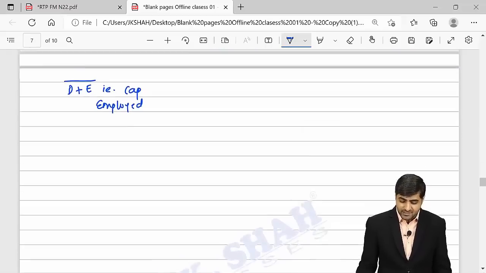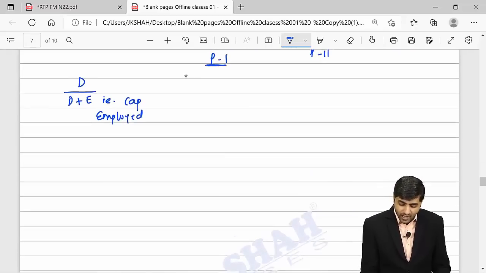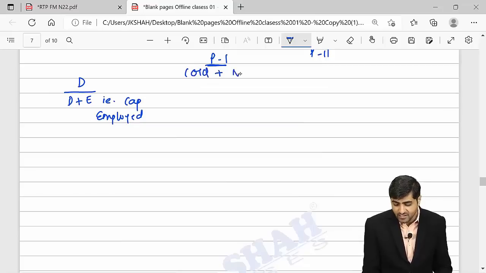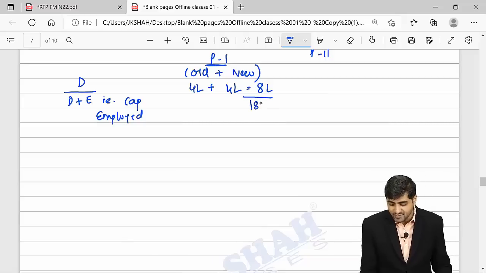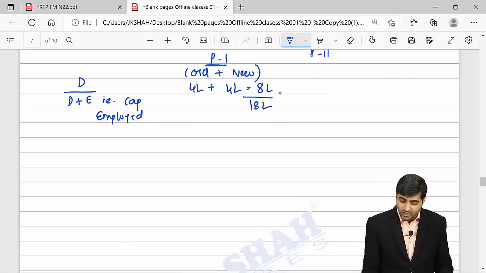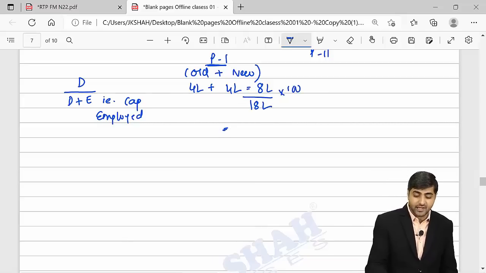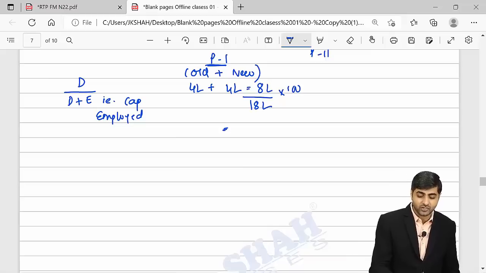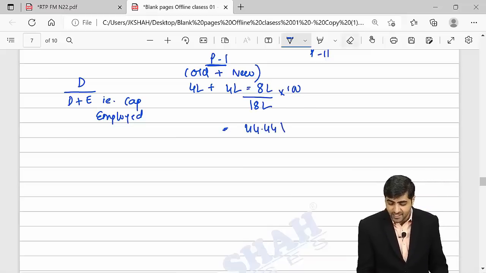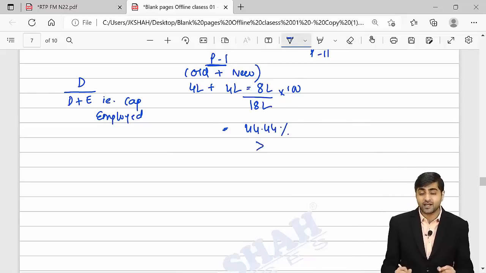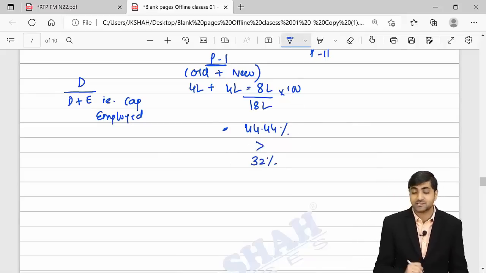So can I put it like this, that in plan 1, I am having old debt as well as new debt, that is 4 lakh plus 4 lakh, that is total 8 lakh rupees on my capital which has been employed, and that is nothing but 18 lakhs. So guys, 8 lakhs upon 18 lakhs, this will actually give you 44.44%, which means that in this particular plan, your proportion of debt is definitely exceeding 32%.